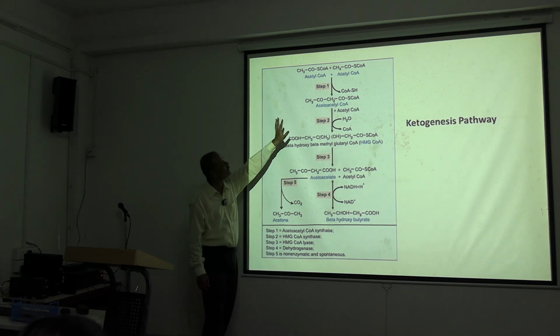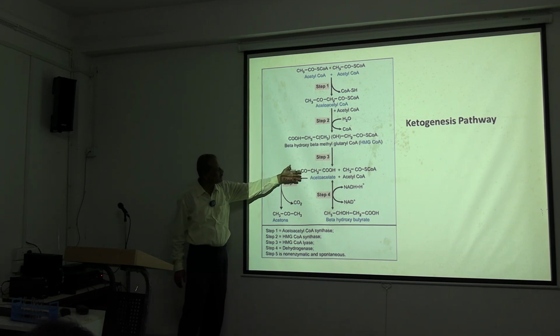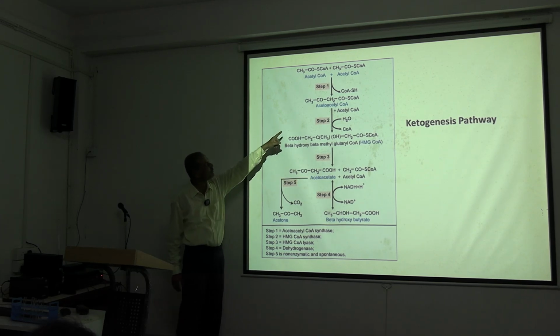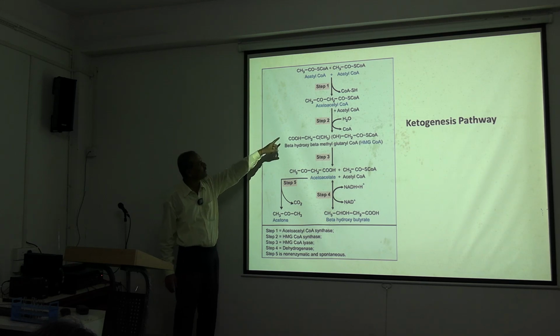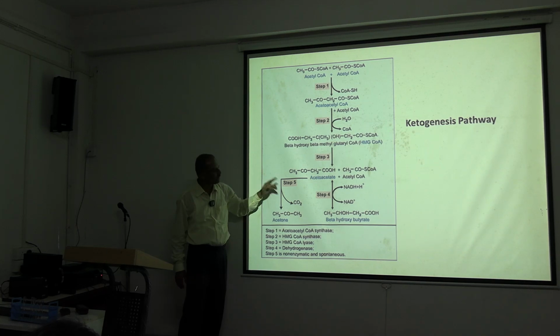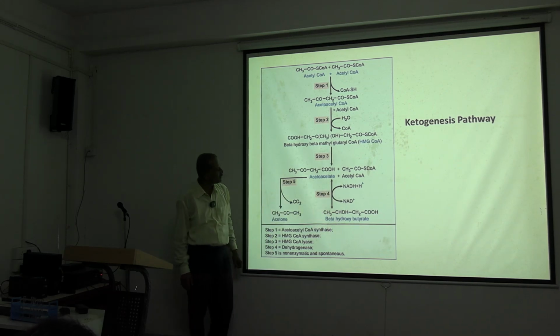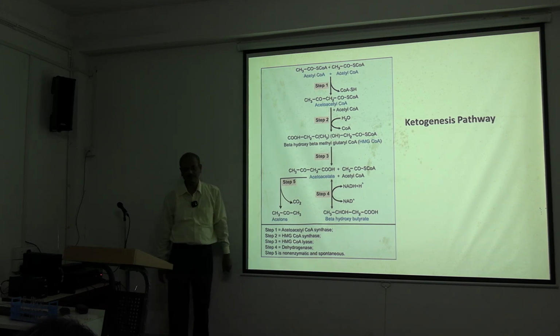Two molecules of acetyl-CoA will be in excess amount and cannot be metabolized, so these will finally form acetoacetate. From two molecules of acetyl-CoA, then beta-hydroxy-beta-methylglutaryl CoA, HMG-CoA, and from there to acetoacetate. Acetoacetate undergoes dehydrogenation, that is reduction, to form beta-hydroxybutyrate, and it is spontaneously decarboxylated to form acetone.